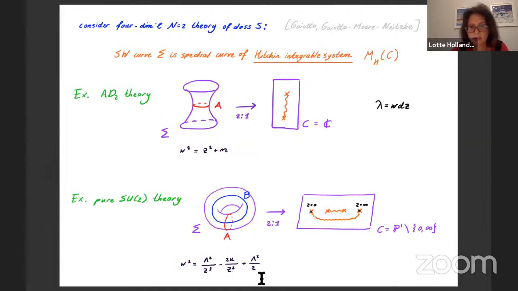So w squared is equal to lambda squared over z cubed, minus 2u over z squared, plus lambda squared over z, where lambda is the UV scale of the theory, and u is a parameter on the Coulomb branch. In this case as well, the Seiberg-Witten curve is a double ramified covering over the complex projective line with irregular singularities at z equal to 0 and z equal to infinity.